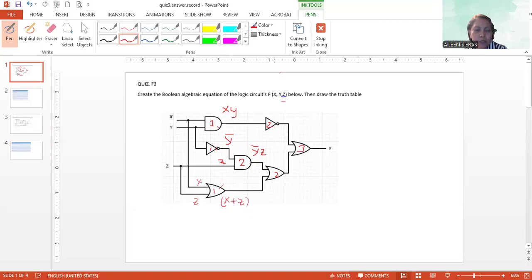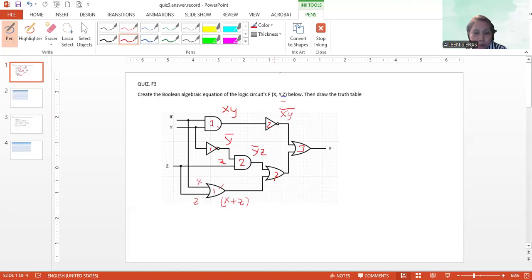So let's proceed to another layer of the circuit. The output here is XY. Then it goes to the input of the NOT gate. So XY, not XY. So we have here XY prime.